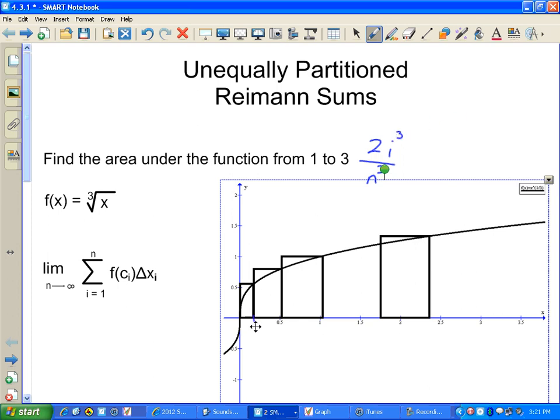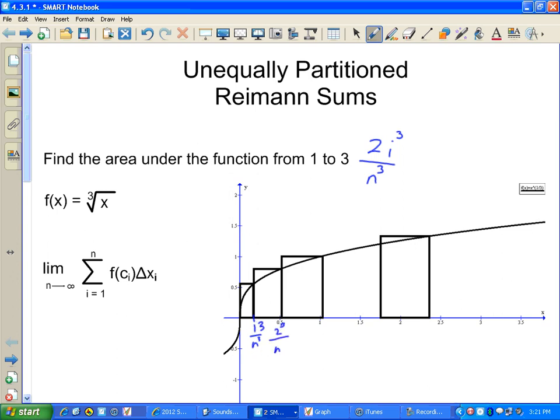this is the first rectangle, so it's 1 of my n cubes over. And really I'm going 1 cubed. Here would be 2 cubed of my n cubed over. This would be 3 cubed of my n cubed.